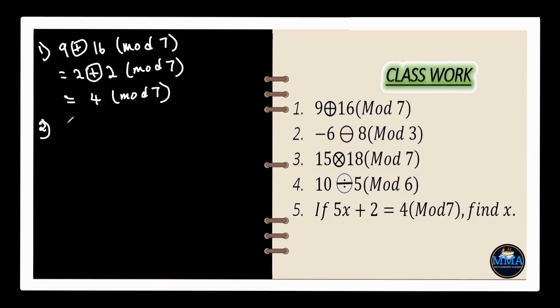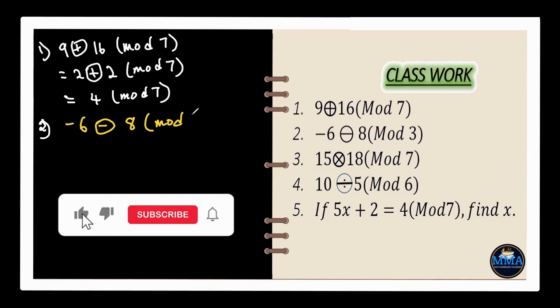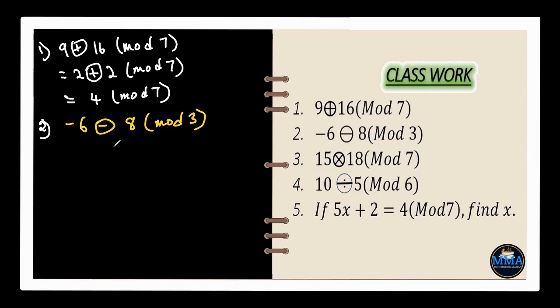We have minus 6 minus 8 mod 3. Now, of course, if you look at it, 3 can fully go into minus 6, so the remainder will be 0 here.